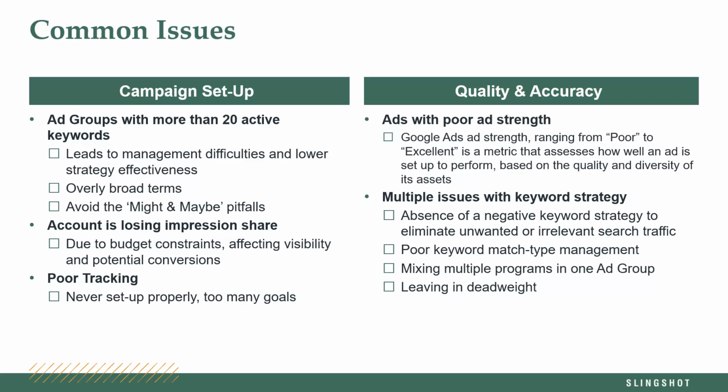To get to excellent, you almost have to overdo it. Sometimes you can get excellent easily, but average is perfectly fine. But you do want to avoid poor. If Google sees your ad as a poor ad, you're not going to show as much as you could have, and that's another way that you can lose impression share and just never see the light of day, because it feels like your ad is terrible.